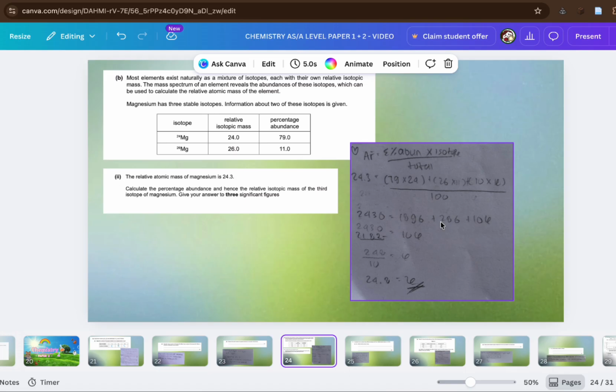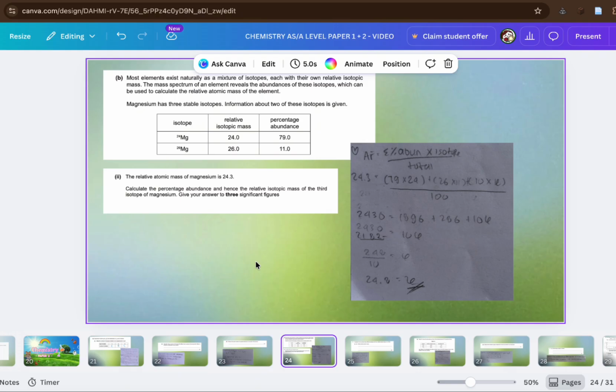1896 plus 286 equals 2182. Then we move it to the left-hand side to subtract it, leaving 248 equals 10x. We move the 10 to the left-hand side, so it's 248 divided by 10, which equals 24.8.